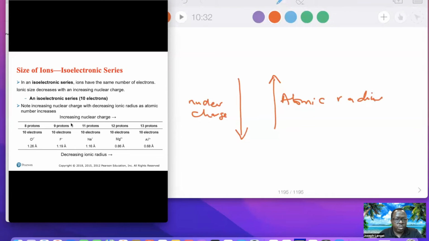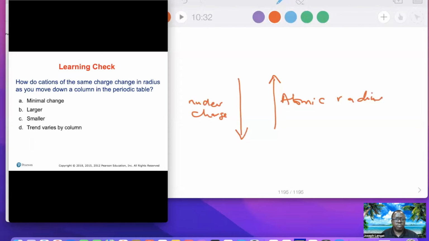And this has to do with the effective nuclear charge as well. The number of protons keeps on increasing, from 8 to 13. They have the same number of electrons. We say they are isoelectronic species with the same number of electrons.